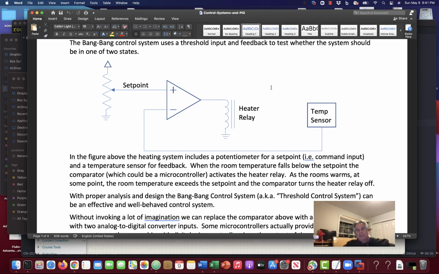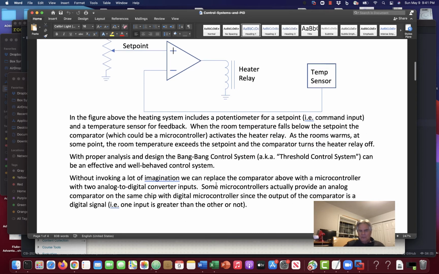So they call that a bang-bang control system. But the thermal mass of the room slows down the turning on and turning off. It doesn't just sit there and click on, click off, click on, click off, because it takes time for the heat to build up. And then, if there's any kind of insulation at all, it takes time for the heat to leave the system until it turns on.